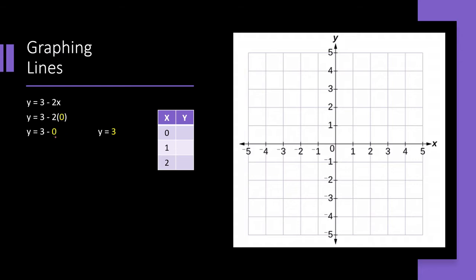And since I'm not taking anything away from the 3, y is equal to 3. So I can say that when x is equal to 0, y is equal to 3. And in this little box right here, I'm going to write my number 3, the value of 3.